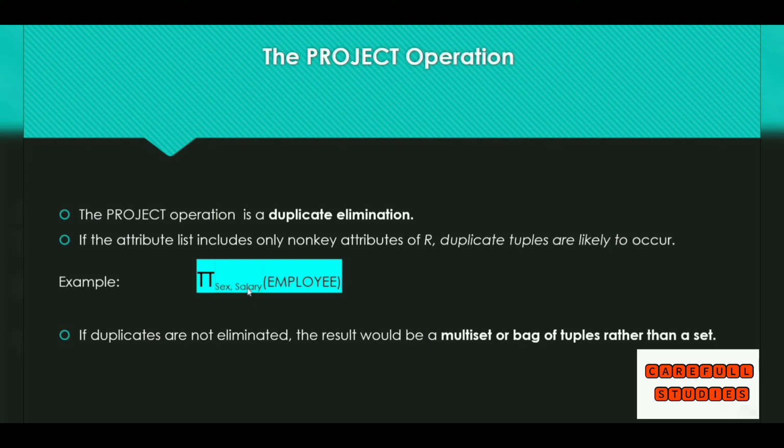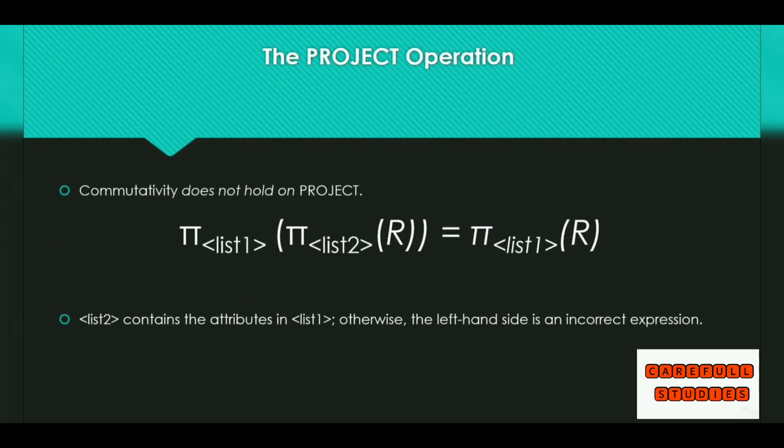For example, one person's salary is 2000 and another person also has 2000. These are duplicate values. The result would be a multi-set or bag of tuples rather than a set. The project operation doesn't follow the commutative rule, because the first list has some tuples and another list has other tuples, so it doesn't satisfy both lists.